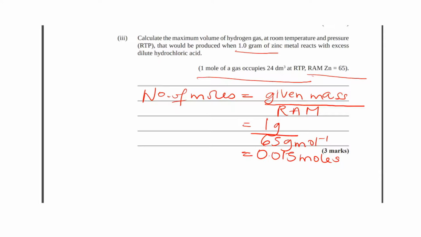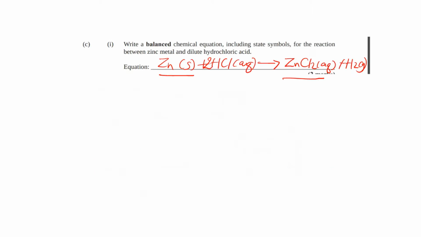So they gave us the mass of zinc used and the RAM. So we need to use that to answer the question. So how can we link number of moles of zinc to the gas produced? The equation, right? So the equation that we wrote in question C.